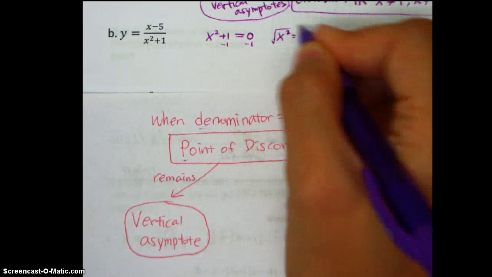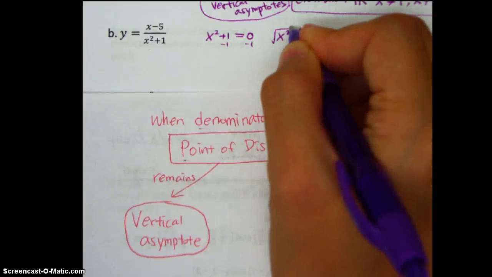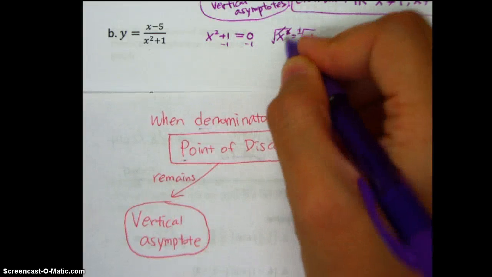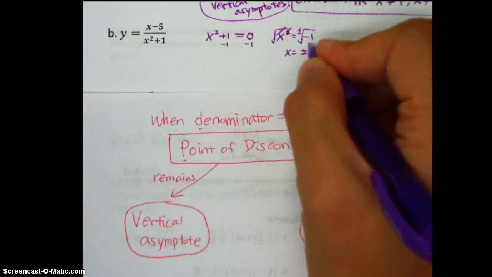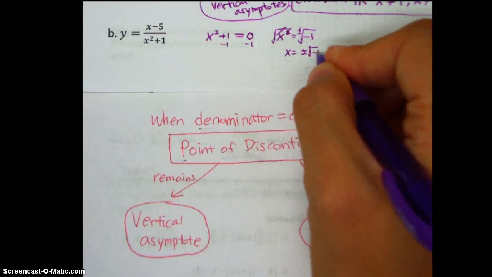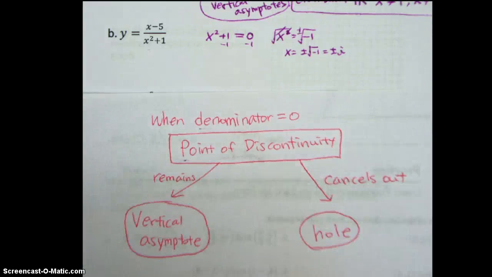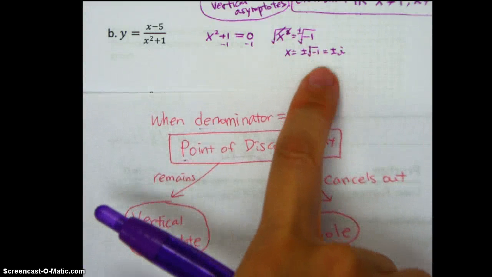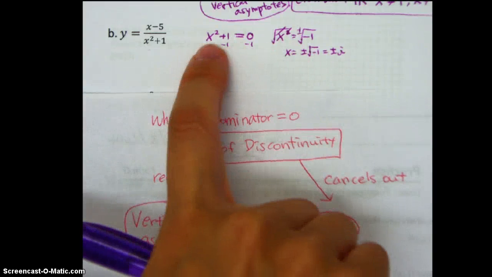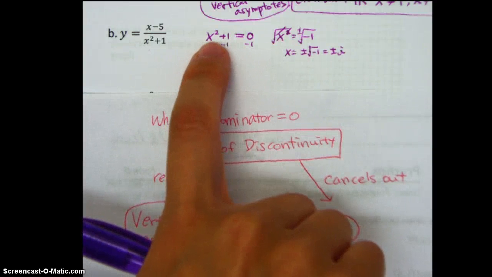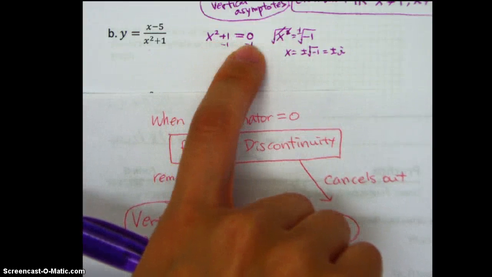Now we take the square root of both sides with plus and minus, cancelling the square and square root. x equals plus or minus the square root of negative 1, which is plus or minus i, the imaginary number. So in the real number system, there is no such number that if you plug into x, you will get x squared plus 1 equals 0.